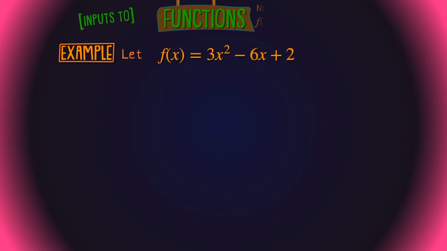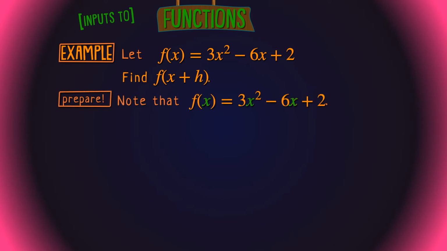Alright, so let's let f of x be 3x squared minus 6x plus 2. And we're going to be asked to find f of x plus h. So notice that those x's, remember, are the ones that are going to be replaced. And that x is our input.